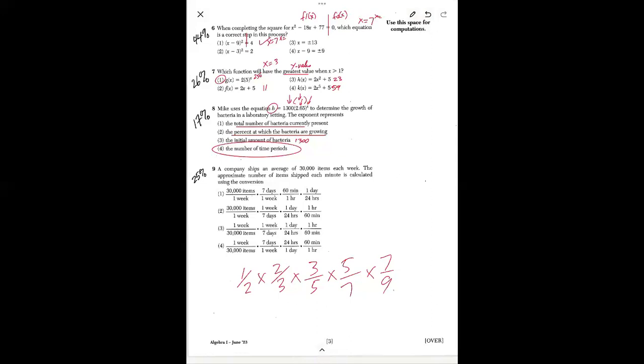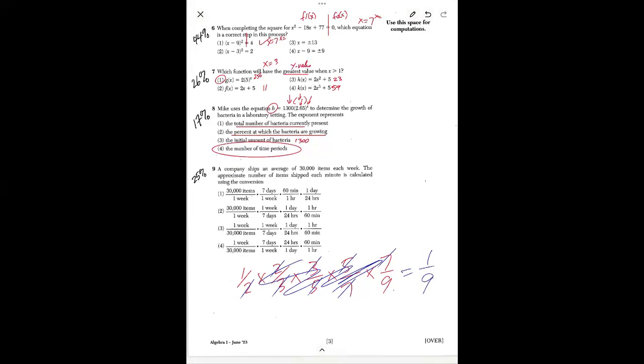Anytime you have a number in the numerator and the denominator when you're multiplying fractions, you can cancel them out. There's a 2 here and a 2 here, a 3 and a 3, a 5 and a 5, a 7 and a 7. So all of these numbers cancel out, and what we're left with is a 1 on top and a 9 on the bottom.